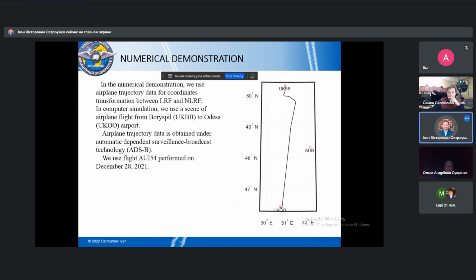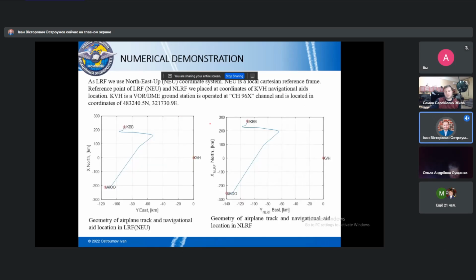Then we can use this pre-recorded data for simulation of real traffic. In this case, we use flight RI-55, which was performed on 28 December of last year, 2021, for connection between Borispil Airport and Odessa Airport.